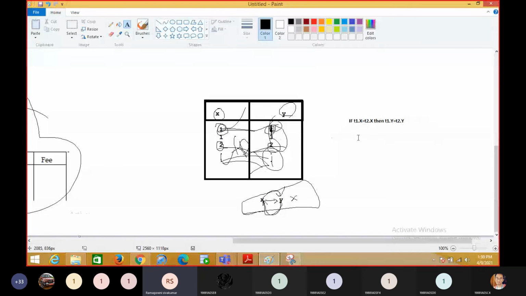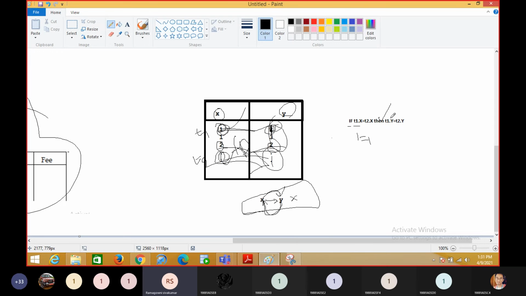See here, when can we say the attributes are satisfying functional dependency? If condition: if t1 dot x, that means tuple 1, and tuple 2, t1 dot x equal to t2 dot x. t1 dot x value is 1, equal to t2 dot x, t2 dot x is 1. This is true.